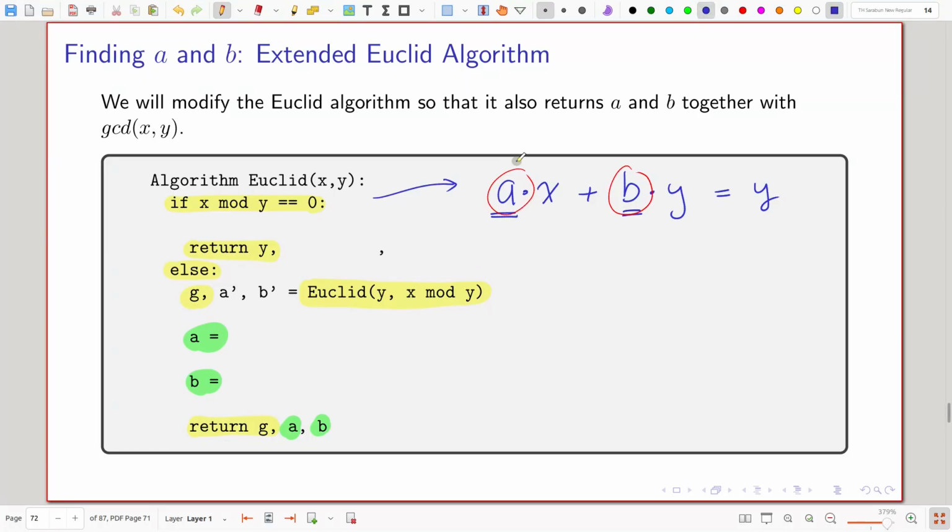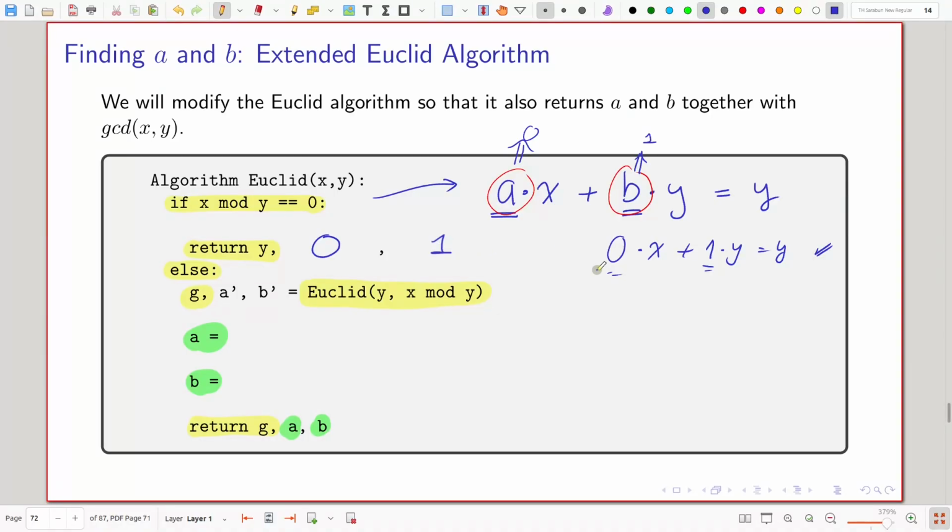We can let A be 0 and B be 1. Then we have the equation 0 times x plus 1 times y equals y, and that's one possible value of A and B. So I would return A as 0, B as 1.